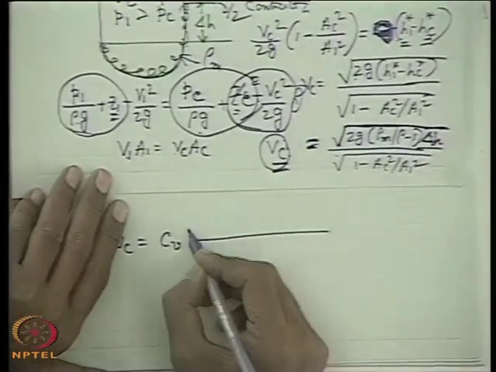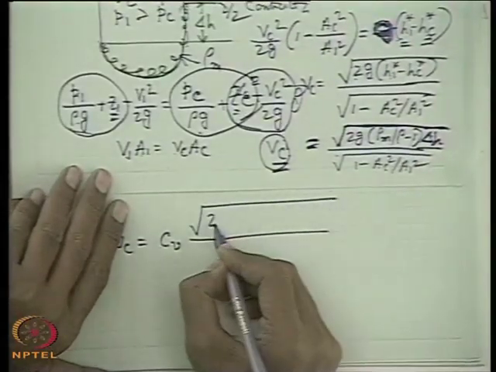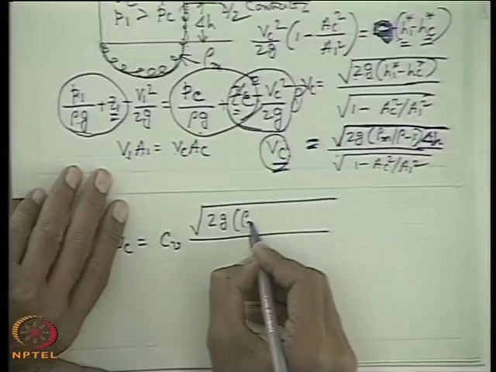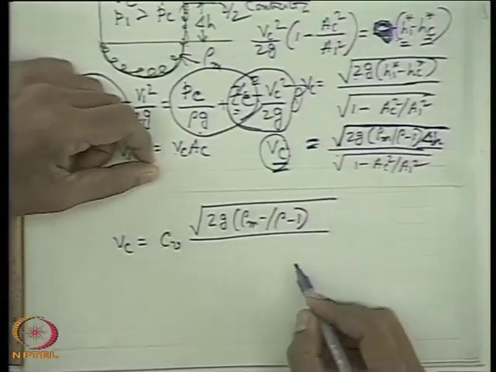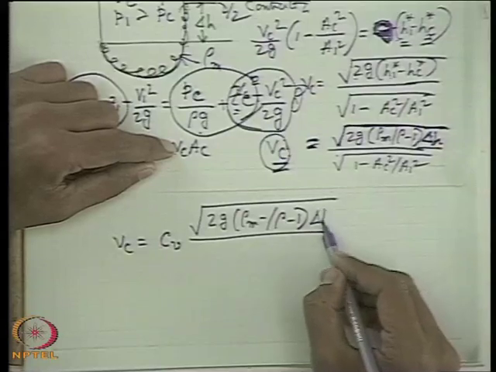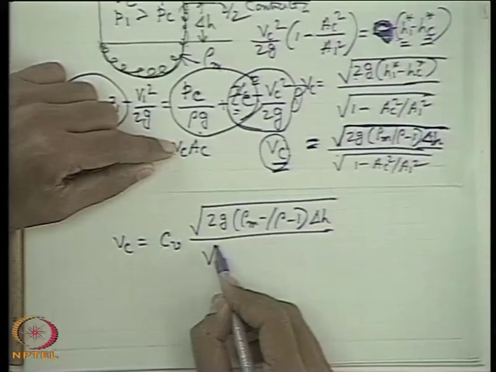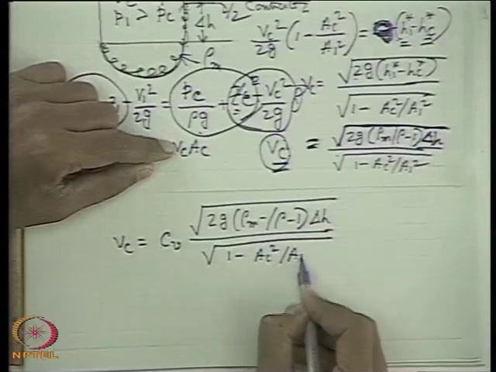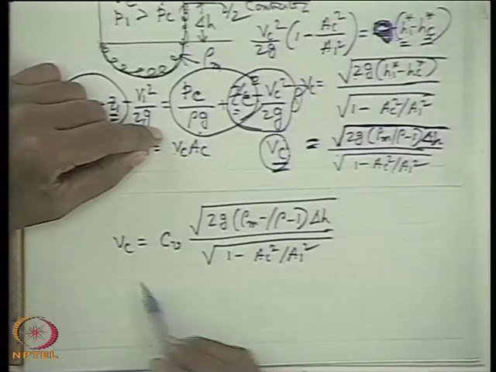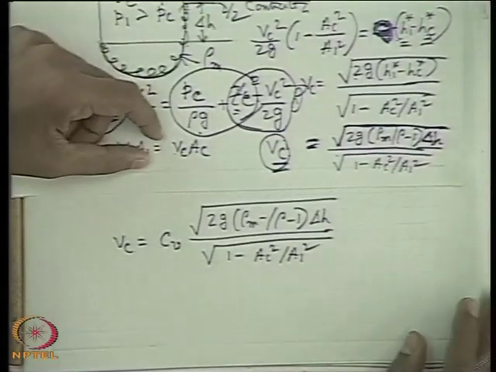That means Cv into root over 2g rho m by rho minus 1 into delta H, root over 1 minus AC square by A1 square. So this is the expression of the velocity.